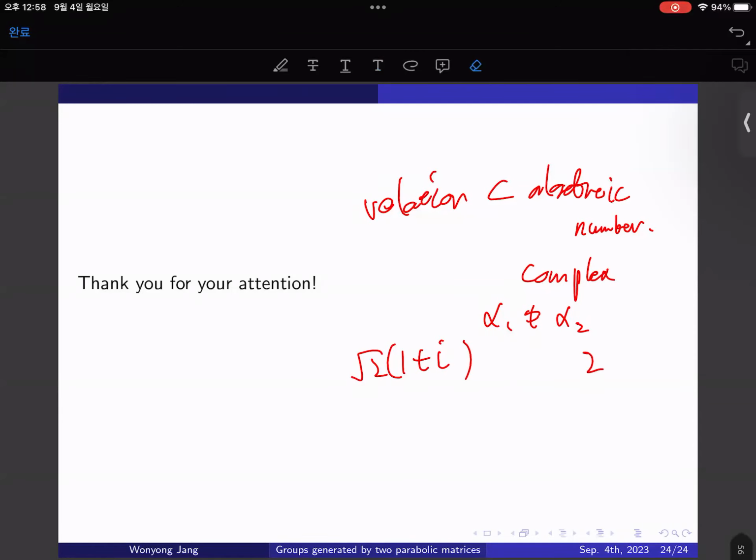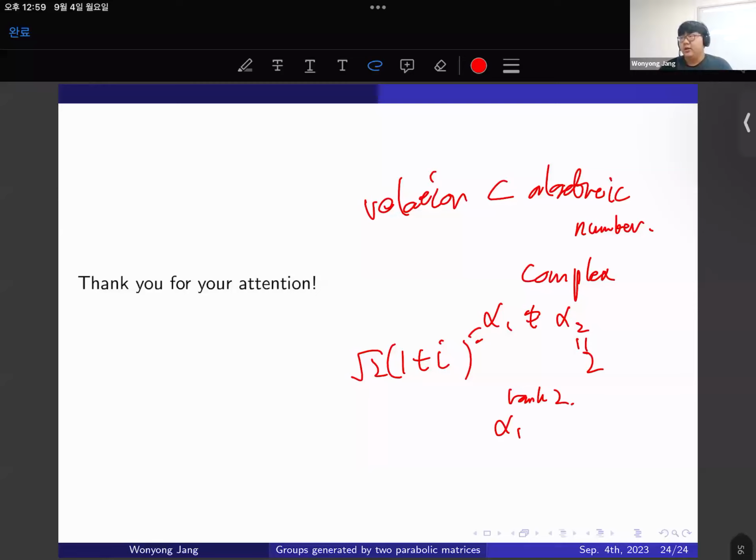Yeah, this is okay. And I wonder if G alpha1 is free of rank 2, then whether G alpha2 must be free of rank 2. I wonder if they must be of the same type.